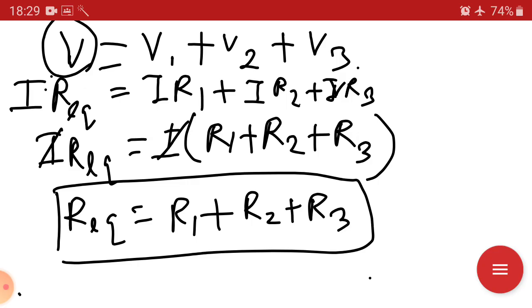If we generalize it, if there are n resistors connected in the circuit, then what will we write?